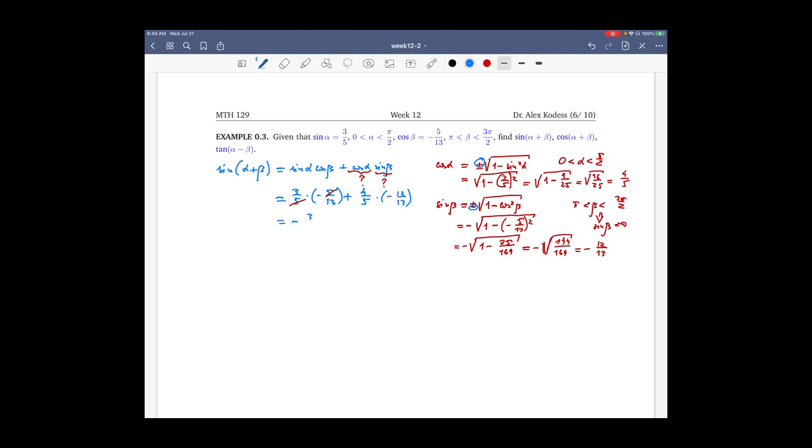We get negative 3 over 13 minus 4 times 12 is 48, and 5 times 13 is 65. And of course, the common denominator is 65. By 13, that's 5. Negative 15 minus 48, that's negative 63 over 65. It's in the interval negative 1, 1, by the way, so it might be correct.